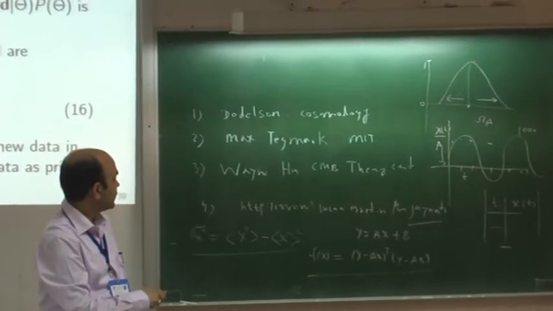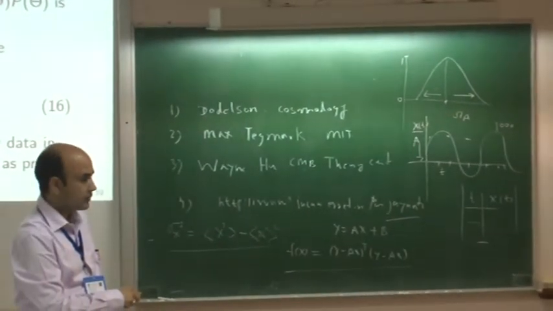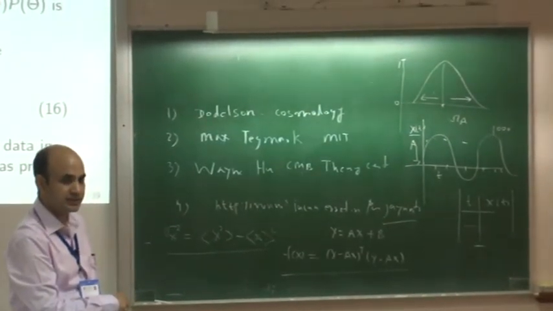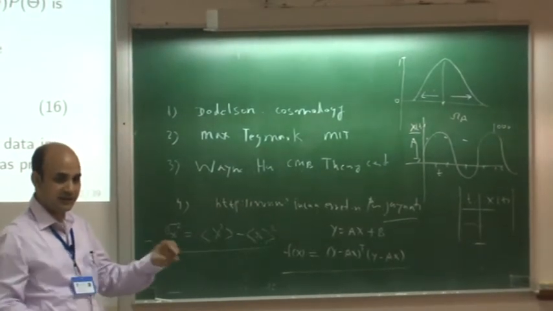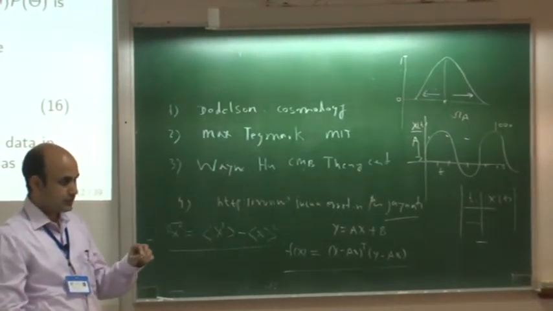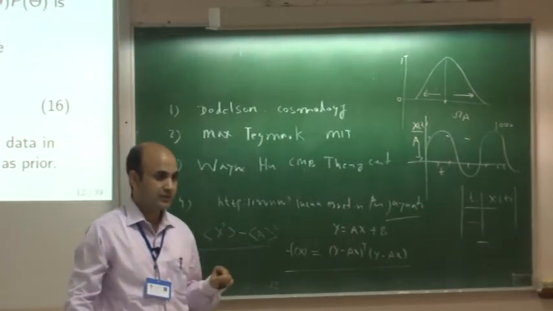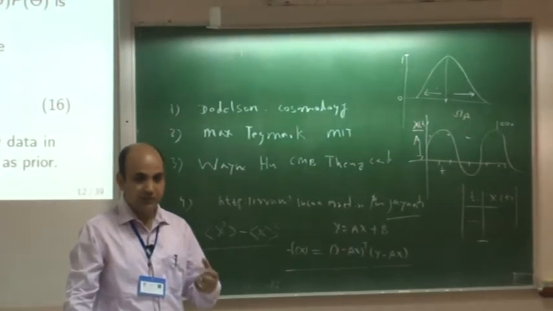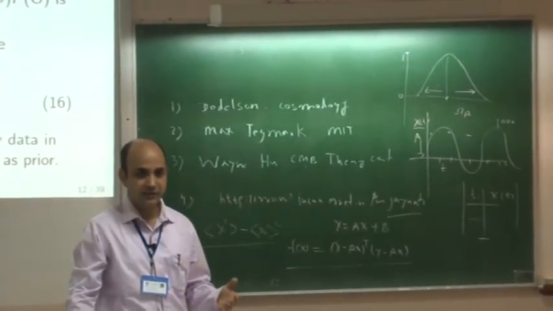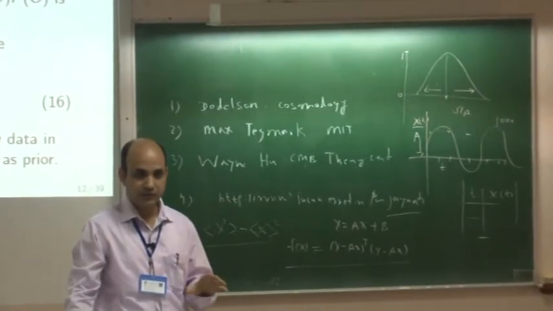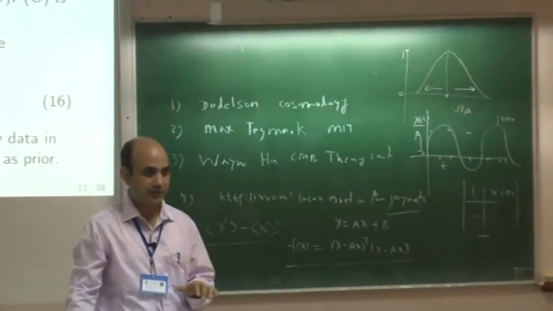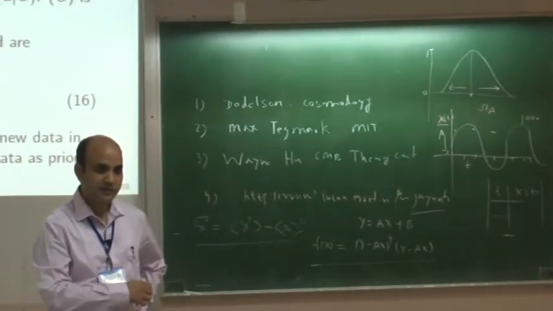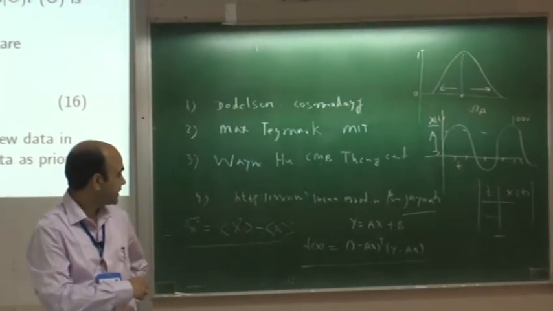What is its mean value and how much is the error in the estimated value? That's what we are interested in. In Bayesian analysis, it doesn't make sense to say exactly this is the value of a theoretical parameter. What we say is how much confidence we have in this parameter. It's our belief, how much confidence we have in that value. So essentially we are looking for probability distributions for cosmological parameters.